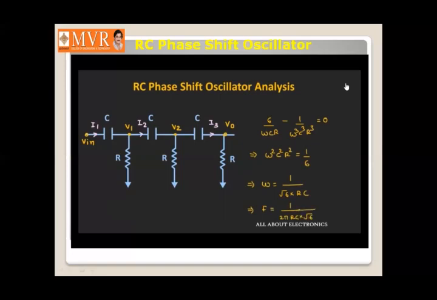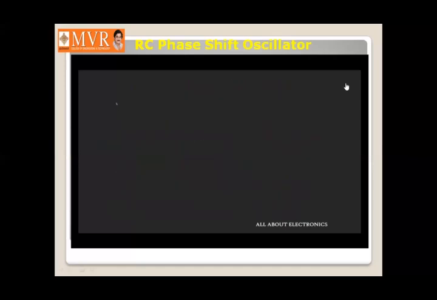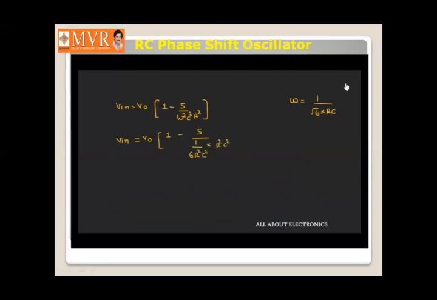So now let us find out the gain of the circuit at this particular frequency. Once the imaginary part is 0, the expression can be written as V in is equal to V out times 1 minus 5 by omega square C square R square. Now in this expression, let us put omega equal to 1 by root 6 times RC. Then V in will be equal to V out times 1 minus 5 by 1 by 6 times R square C square multiplied by R square C square.